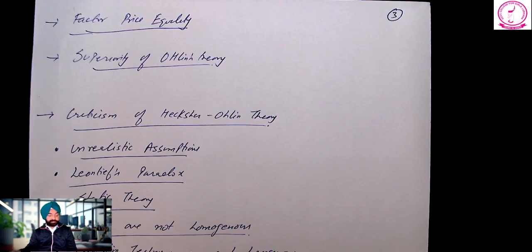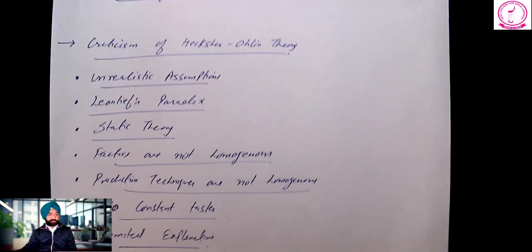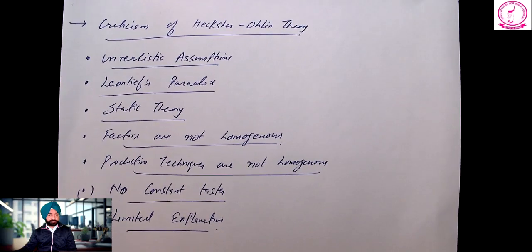Even though there is some criticism of the Heckscher-Ohlin theory given by modern economists, it is still comparatively on a better side than classical theory. Now, what are the criticisms of this theory? This theory gives unrealistic assumptions.